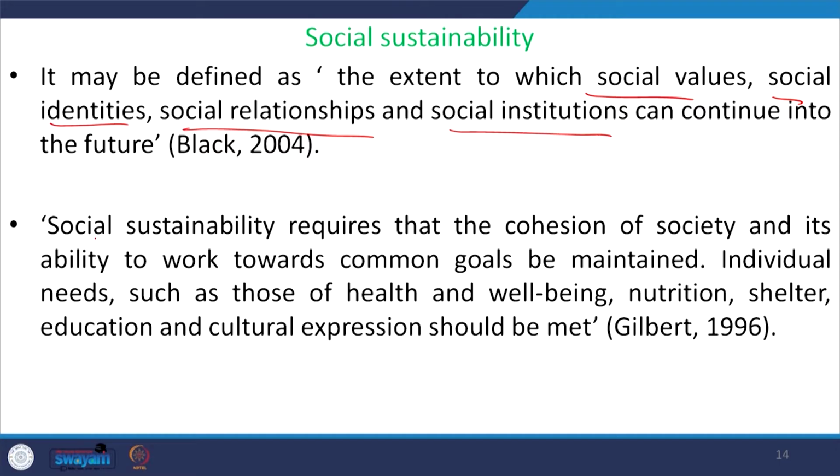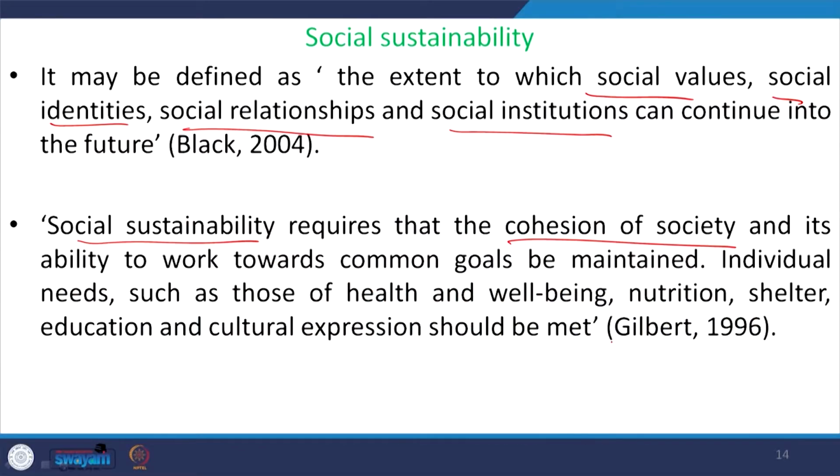This social sustainability requires the cohesion of the society, its ability to work towards the common goals, so that the individual needs like health, well-being, education, nutrition, shelter and cultural expression can be met.